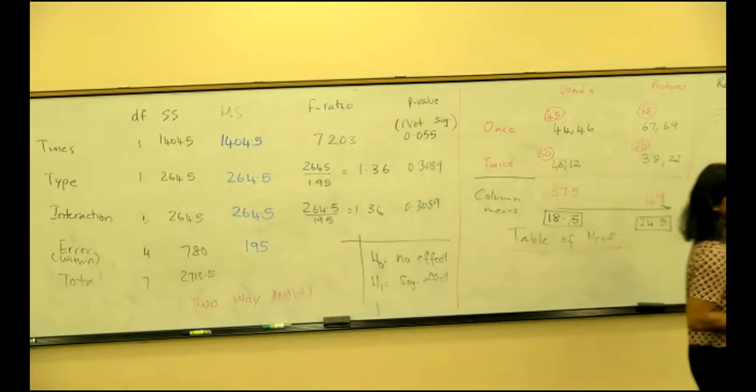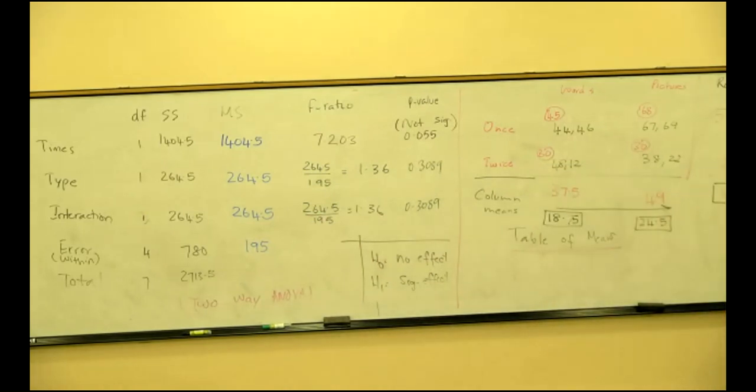Now tell me, first case, we did not reject the null, no main effect due to number of times. What about the second one? Is there a significant effect due to the type of item that is shown? The p-value is 0.3089.